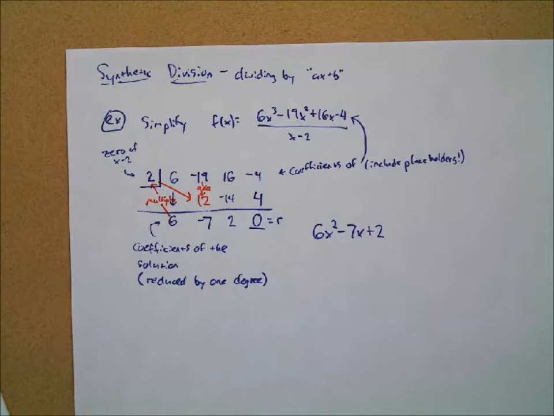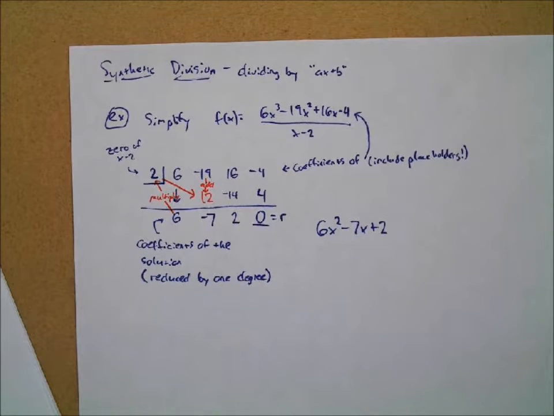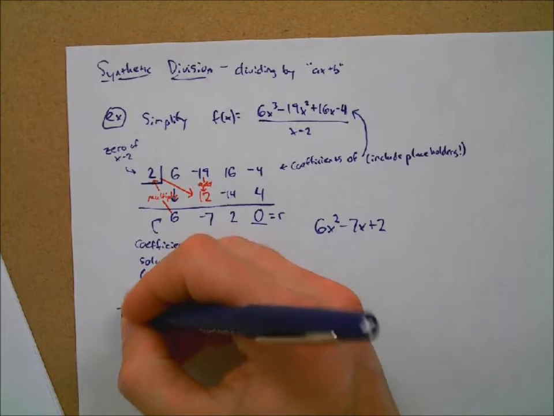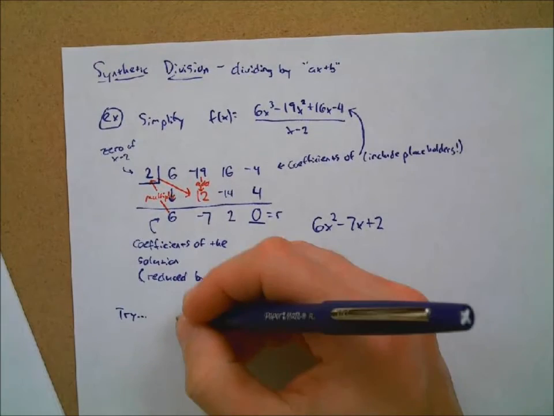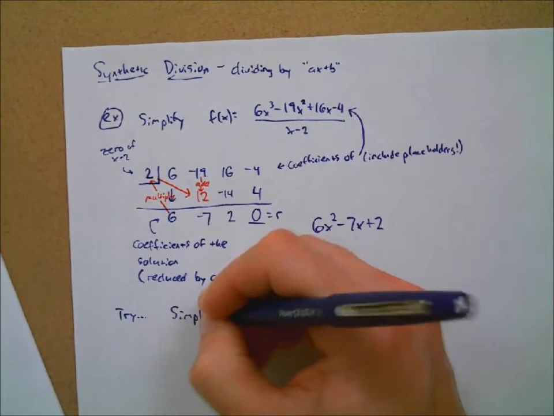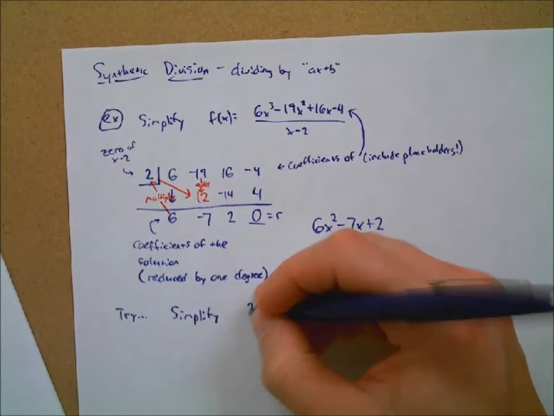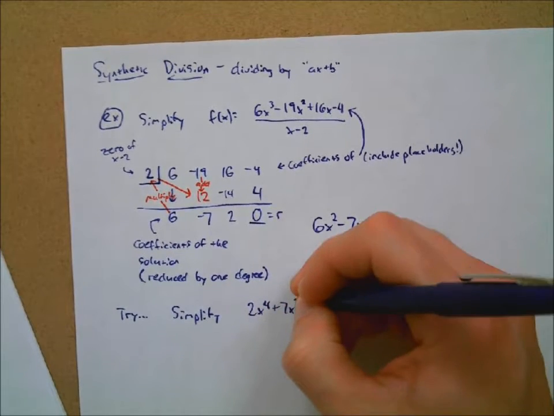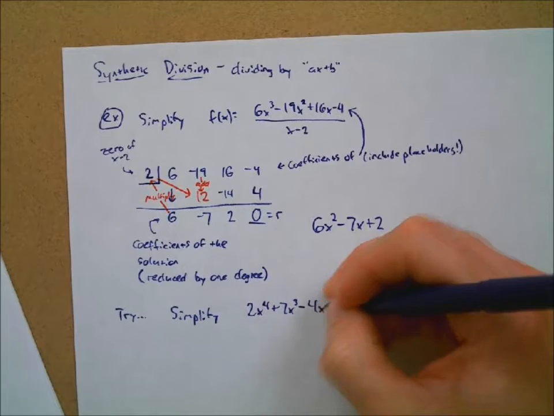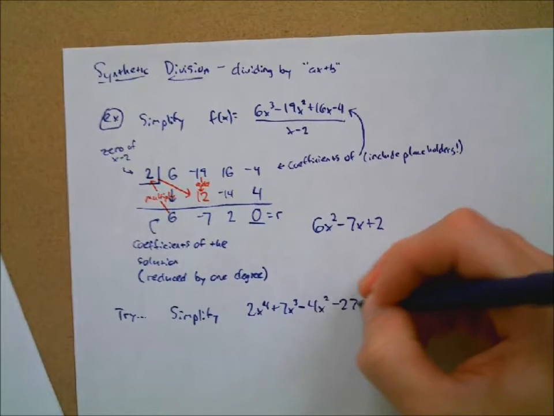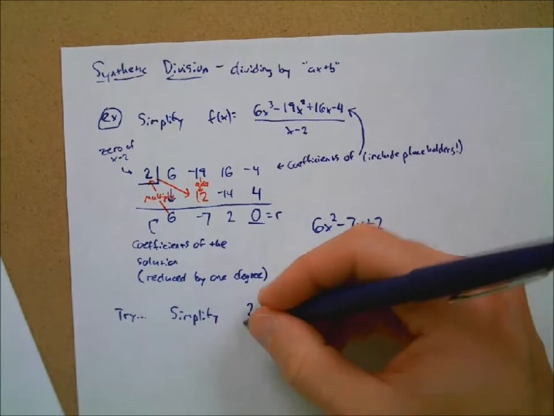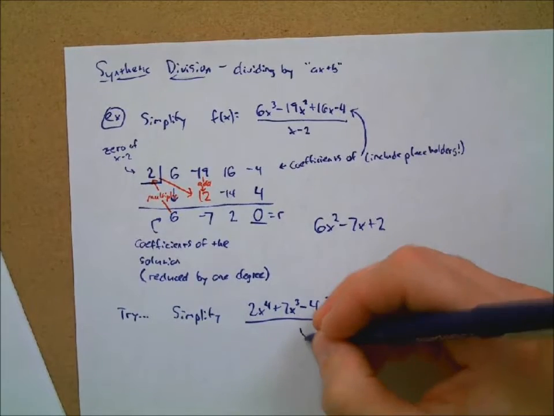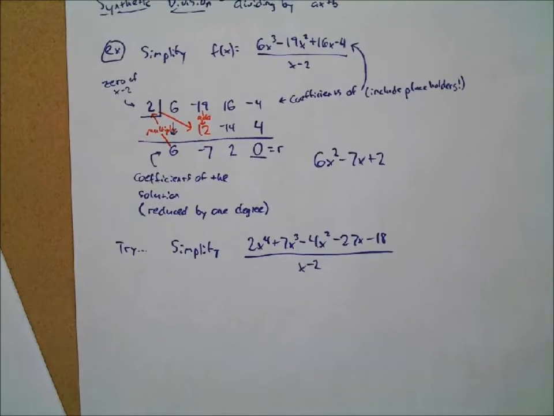Let's see here. I think in the interest of time, are we ready to try one on our own? Yeah. All right, let's try it out here. Simplify 2x to the 4th plus 7x to the 3rd minus 4x squared minus 27x minus 18 divided by x minus 2. Okay? I'll leave that up so you can see that part.